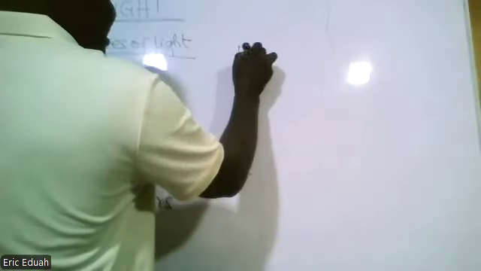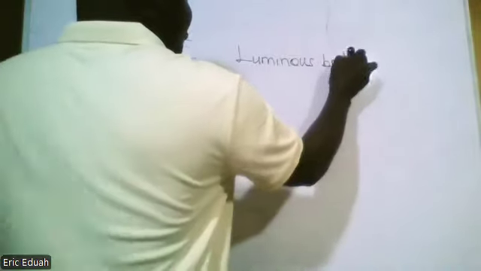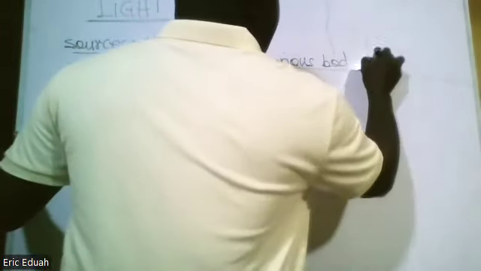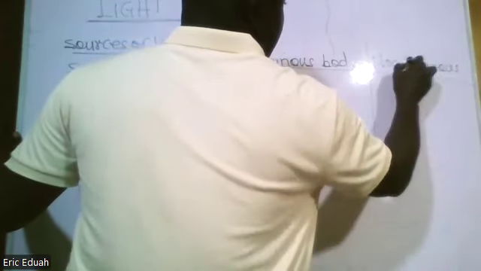All right. So look at these sources mentioned. These sources can be grouped under sources that produce their own light, luminous bodies, and non-luminous bodies.